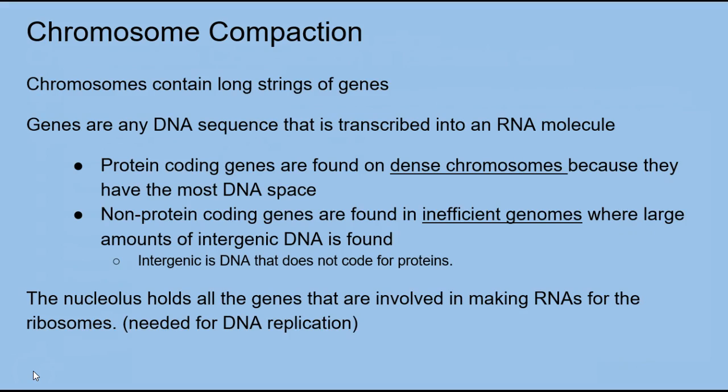Intergenic DNA is DNA that does not code for proteins, which proteins are basically what we're all after. So intergenic DNA isn't really of use to us right now. The nucleus holds all the genes that are involved in making RNAs for the ribosomes that are needed for DNA replication.